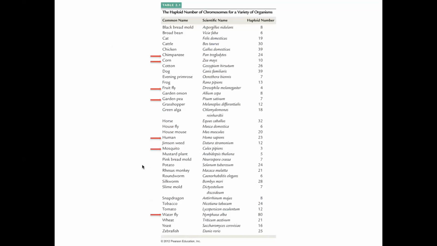However, if you look at the haploid number of chromosomes in the cells of the mosquito compared to the waterfly, there's a tremendous difference. The mosquito's haploid number is 3, and for the waterfly, the haploid number is 80. So again, there doesn't seem to be a correlation between chromosome number for the eukaryotic organism and the complexity of that organism.